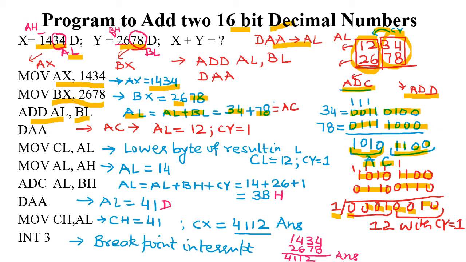So now converted back to hexadecimal, 0001 is equivalent to 1 and 0010 is equivalent to 2. So it is 12 and the carry flag is 1. So after DAA, this AC is converted into decimal, that is AL will be equal to 12 with carry flag equal to 1.